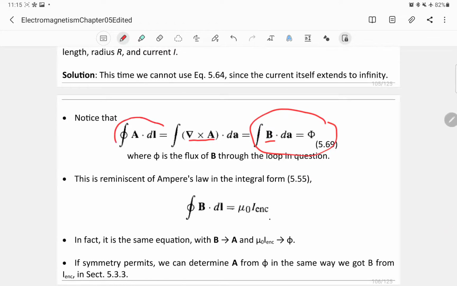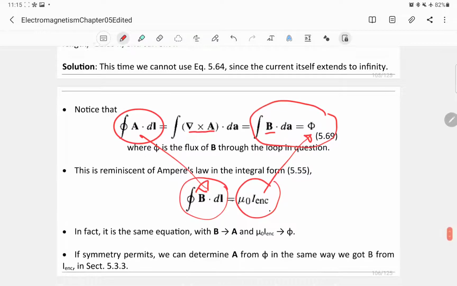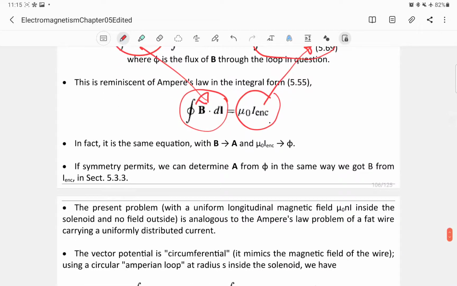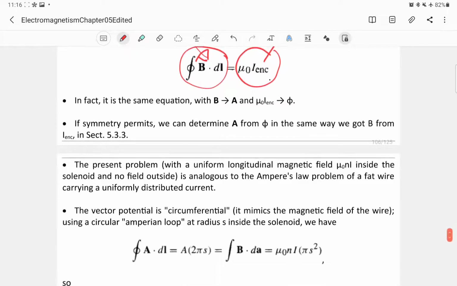If you look at this, where the Ampere's law is this one, if you replace A with B and B with A and your mu I enclosed with phi, so if you have symmetry in the problem, then you can determine A from phi in the same way as we got the magnetic field when you have an I enclosed in the Amperian loop.